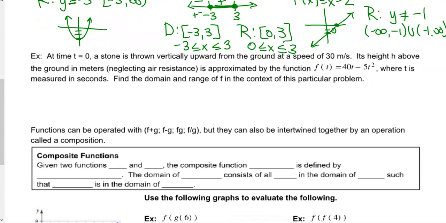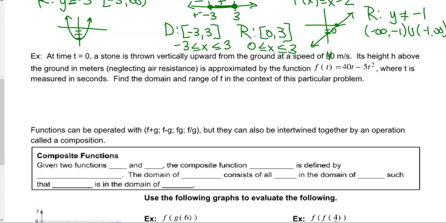So let's talk about a practical or real world situation. At time equaling 0, a stone is thrown vertically upward from the ground at a speed of 30 meters per second. Its height is above the ground. Actually, that should be 40, excuse me.